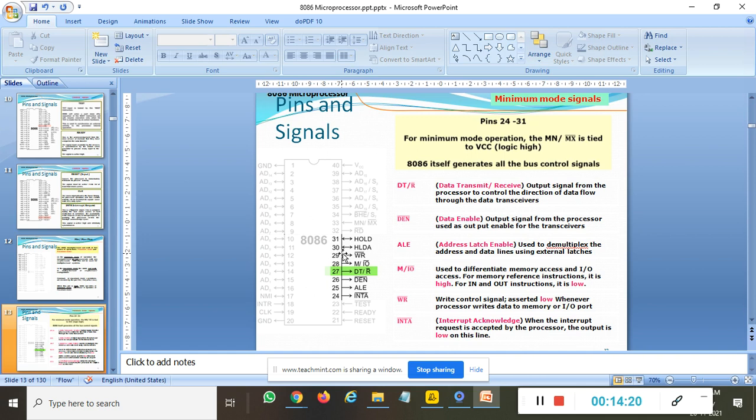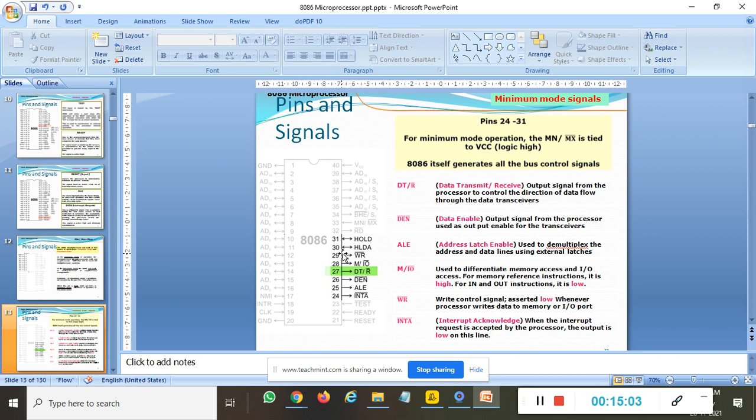The multiplexed address data bus is demultiplexed through this signal. The same bus is used for multiple purposes, as an address bus as well as a data bus, and it depends upon the ALE signal.